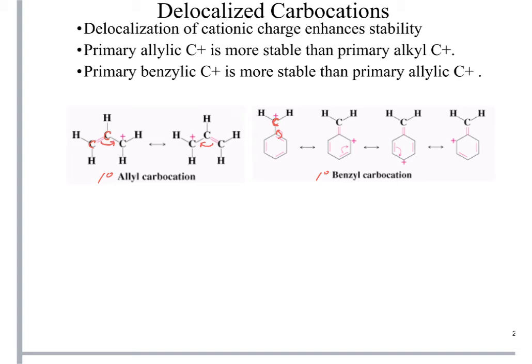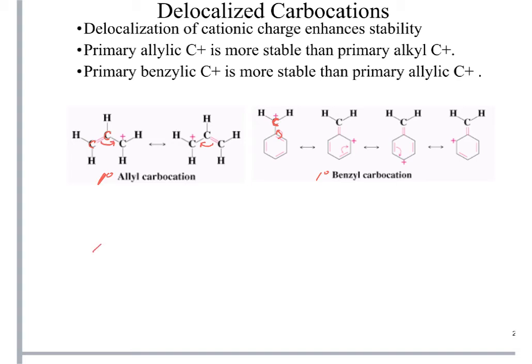So even though these are primary carbon atoms, we can still consider the SN1 reaction pathway for them because the positive charge can be delocalized across the larger framework of the ion. Aliphatic or alkyl carbon atoms do not undergo SN1 reaction.